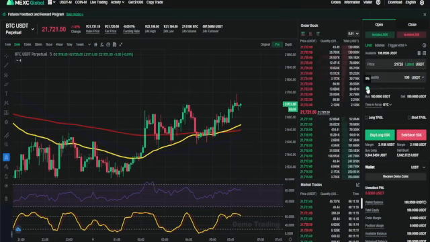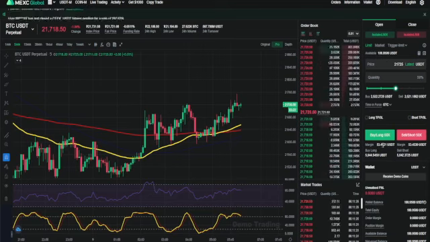So what I want to do here is use $50. So I'm going to use 50%, and my account is 106, of course. So 50% is going to be $53.